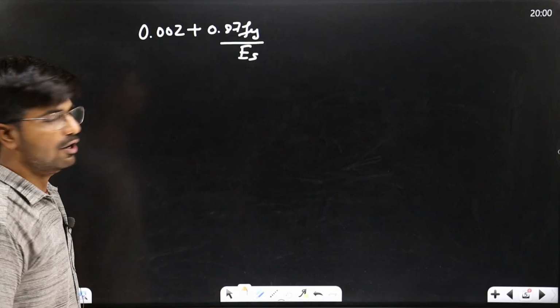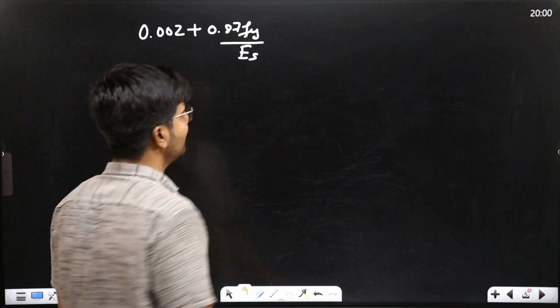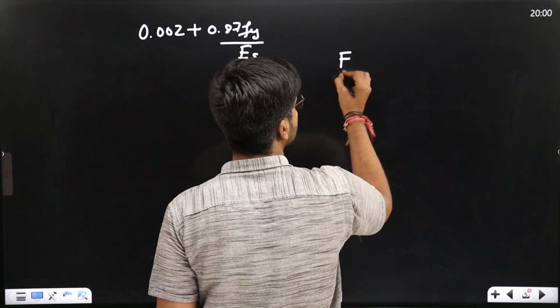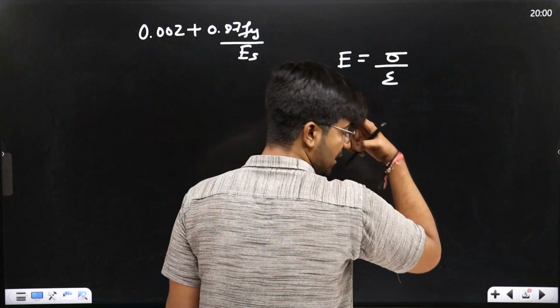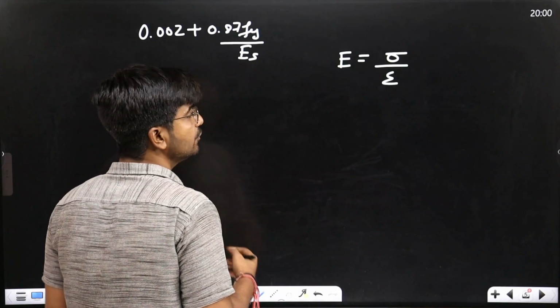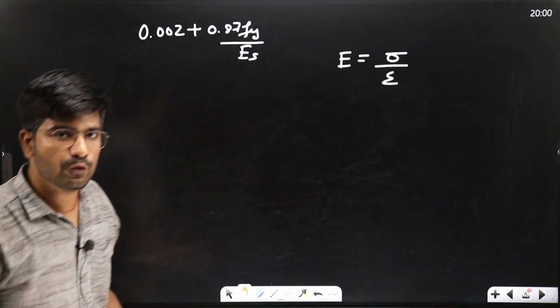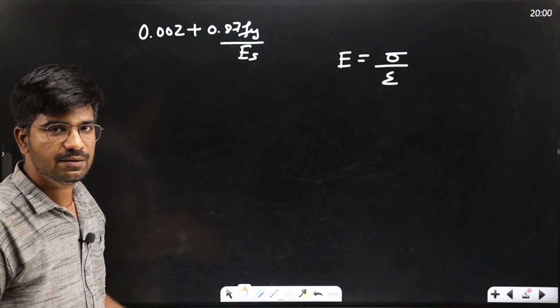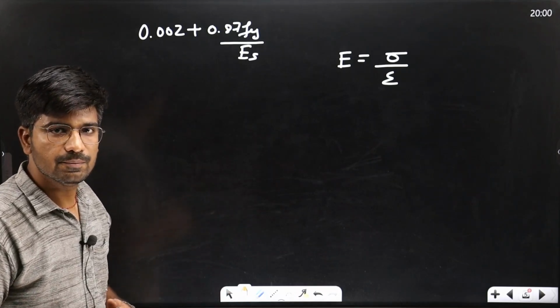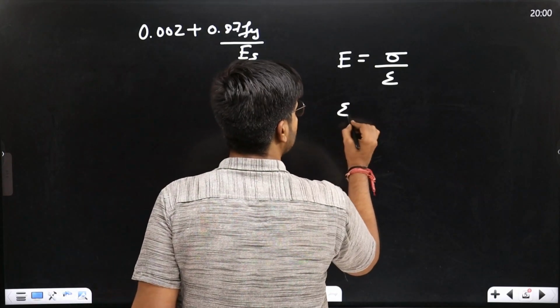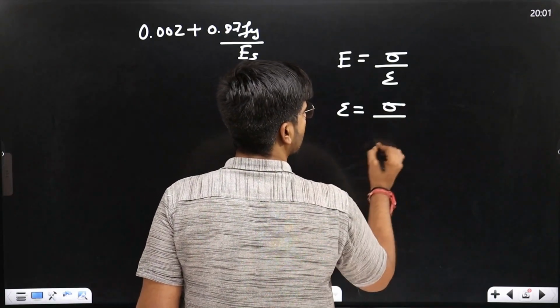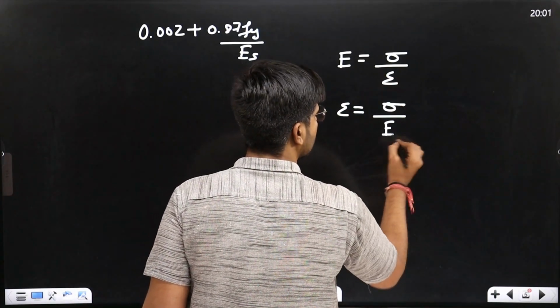You already studied in your strength of materials what modulus of elasticity is: stress upon strain under elastic limits. Now, we are designing the whole singly reinforced section with a strain concept, because LSM is totally based on strain. So strain is equal to stress upon modulus of elasticity.